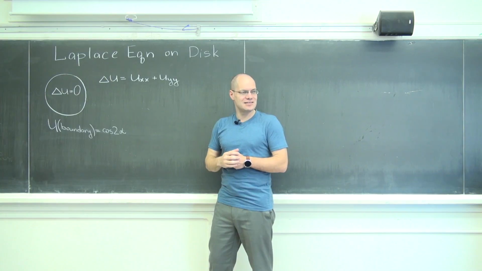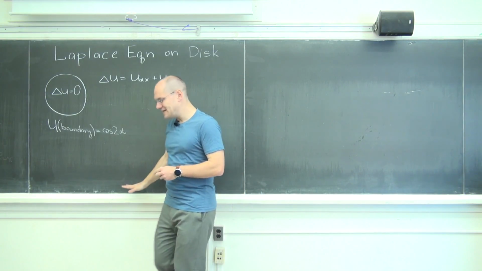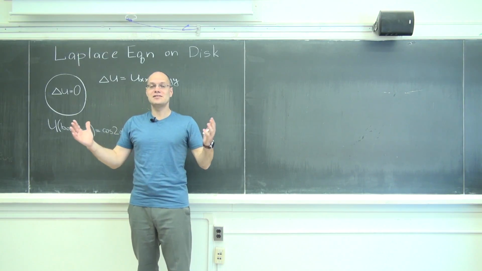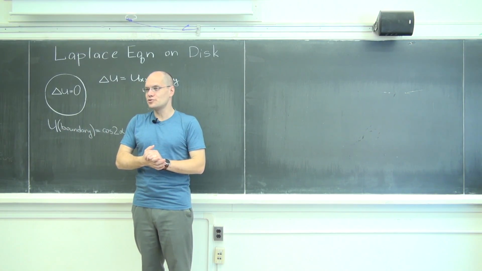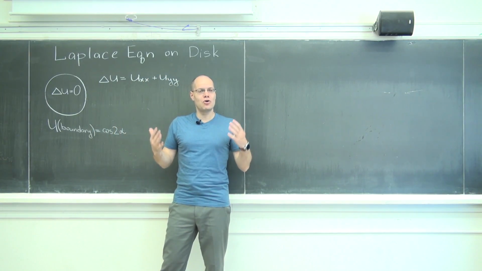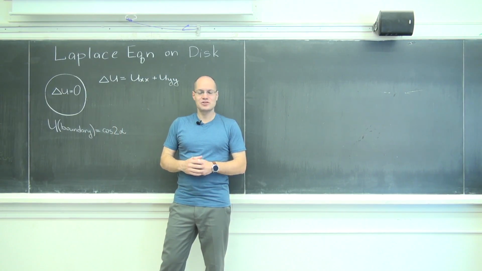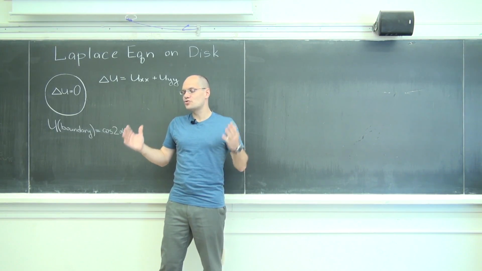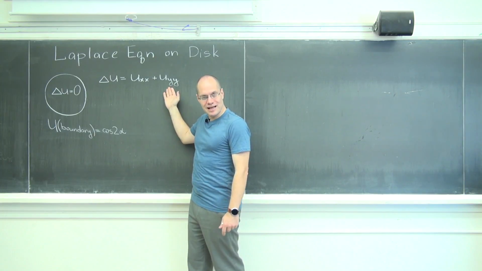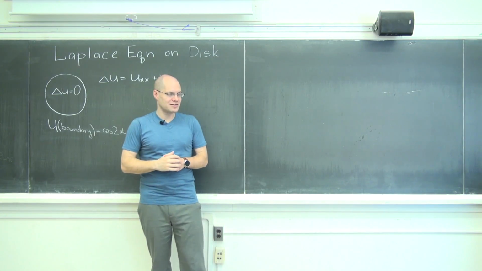So that's the boundary condition. It's almost like there's a heater here, a heater there, a window there, and a window there. So what's the temperature distribution everywhere else in the room? And of course, we're going to go to polar coordinates. So the exercise that we're going to go through right now is converting the Laplacian to polar coordinates.